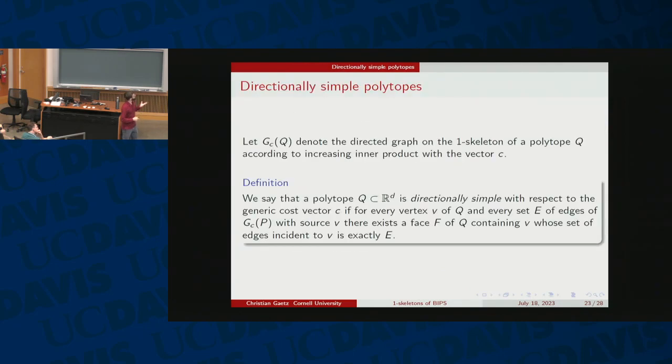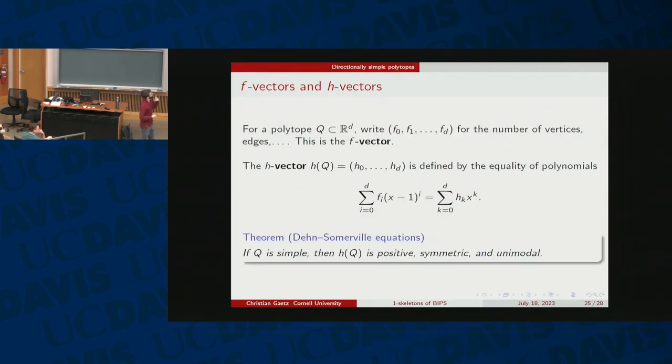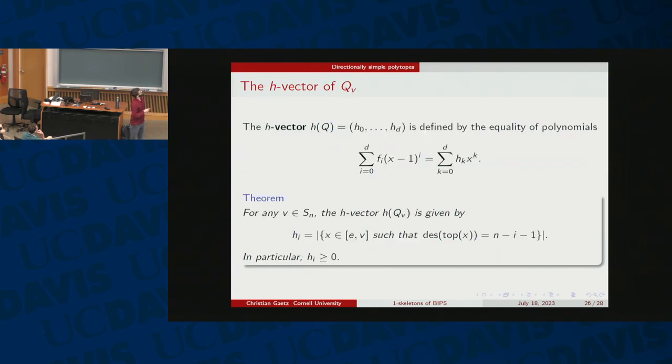What that means is that if you define the h vector from the f vector via the usual formula, which is normally something one only does for simple or dually for simplicial polytopes, you still get coherent numbers out. So the h vector is still positive, even though it's not a simple polytope, and in fact, the h vector has a nice combinatorial description in terms of counting descents after having applied this top map.